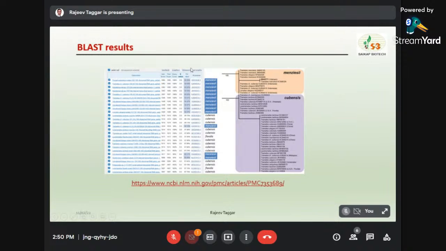So we have 2 or 3 types of different identification, but the top is Mensiziaceae, followed by cubensis. These are fungi, so we can say that the best hit is this, and most likely our species, or the microorganism, is going to be this.